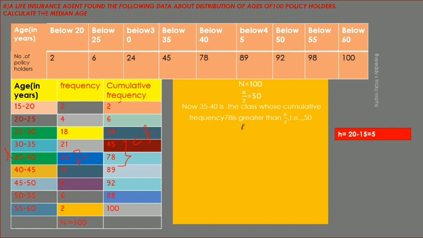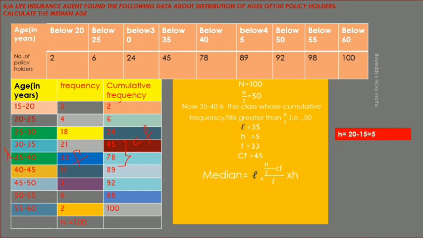And 35 is the lower boundary of the median class, L equals 35. So these values can be substituted in the formula. L equals 35, h equals 5, f equals 33, CF equals 45. Now median equals L plus n by 2 minus CF by f into h.